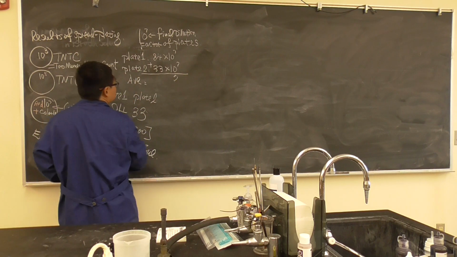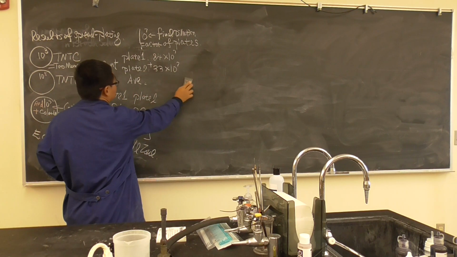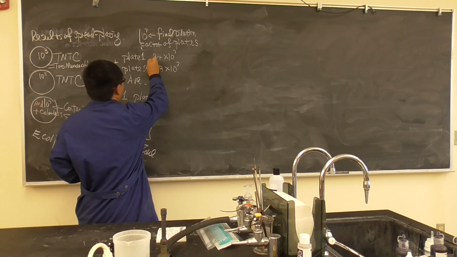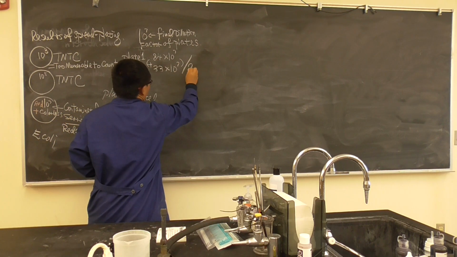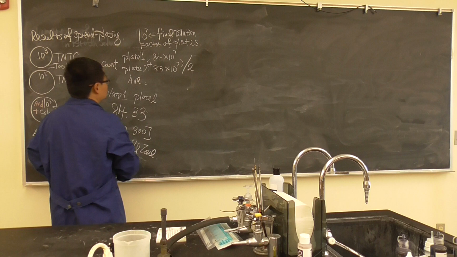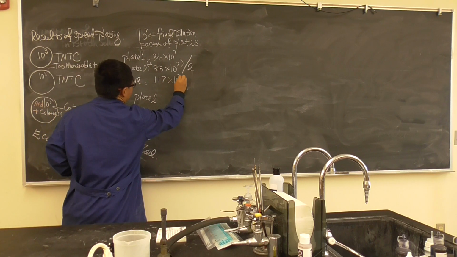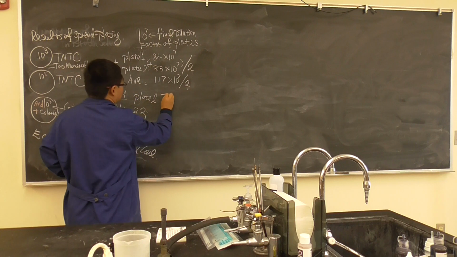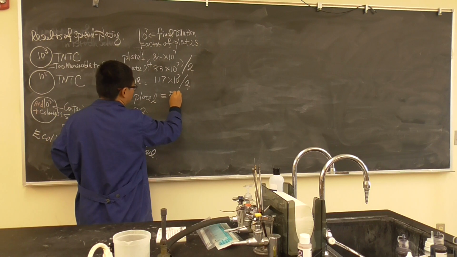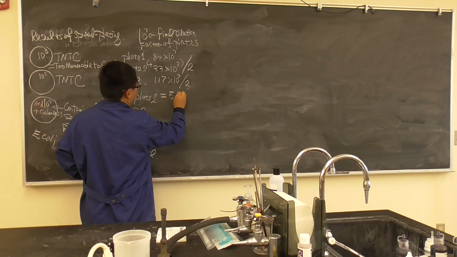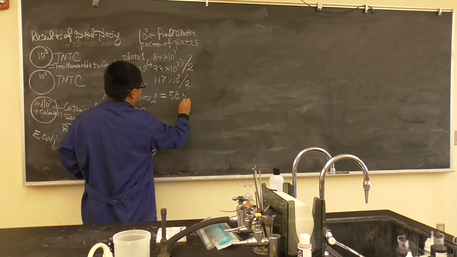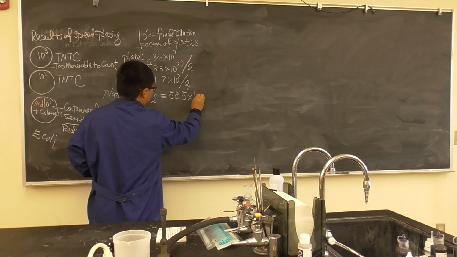So I'll add them up, divide by 2. 117 multiplied by 10 to the 7 divided by 2 equals 58.5 multiplied by 10 to the 7.